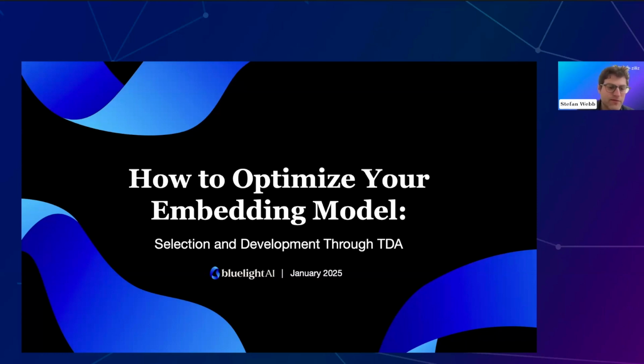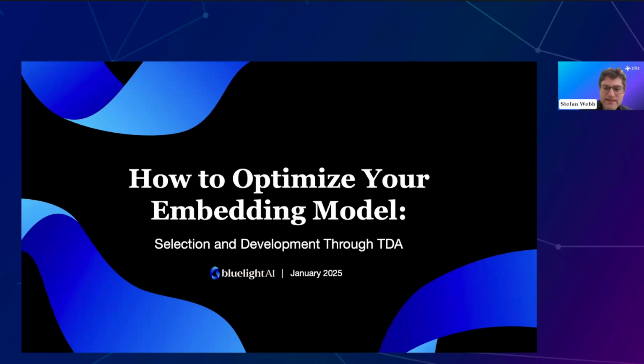Just to give you a bit of background on our speakers. Gunnar is a co-founder of Blue Light AI and a professor of mathematics at Stanford University. His work is on the application of the mathematics of shape and form, in the form of graphs, which you may know as topology, especially to the study of large and complex data sets.